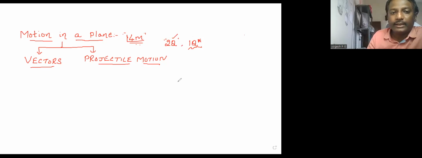First, let me talk about the vector, students. Let me do it fast, how we can analyze the concepts. Now, suppose I'm talking about a physical quantity, can you tell me what is a physical quantity?